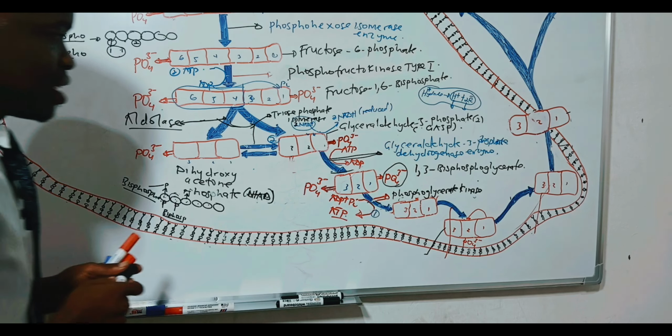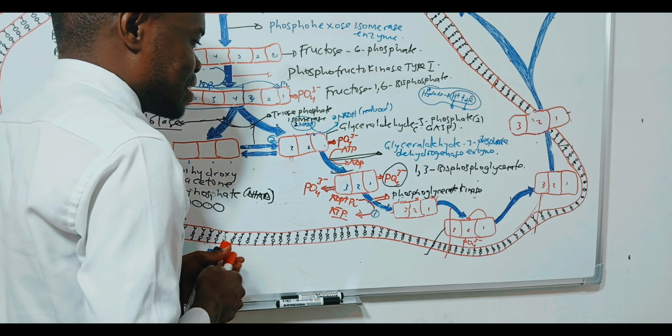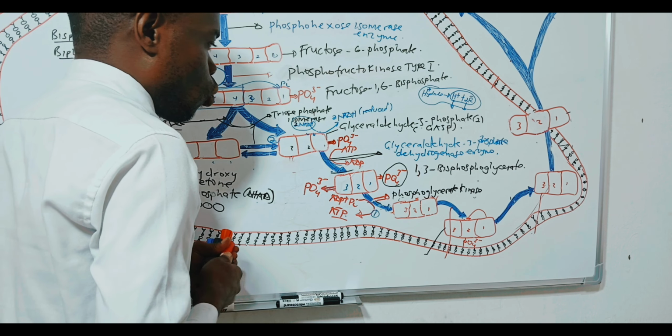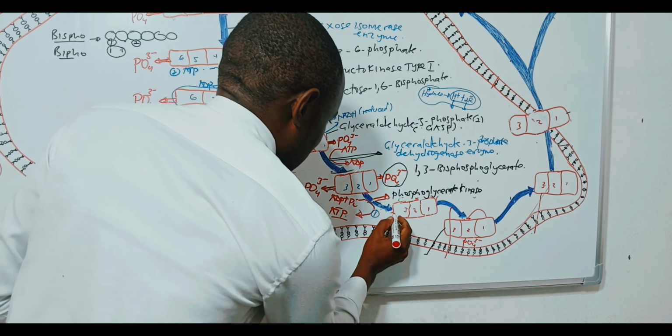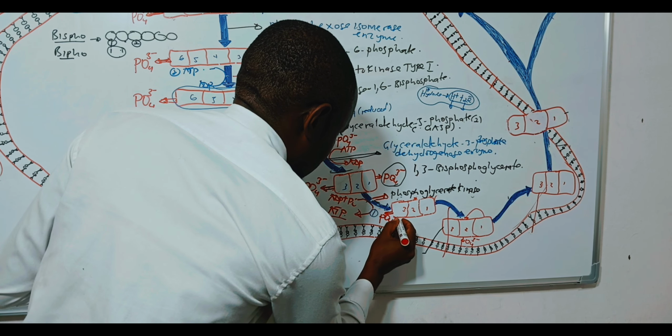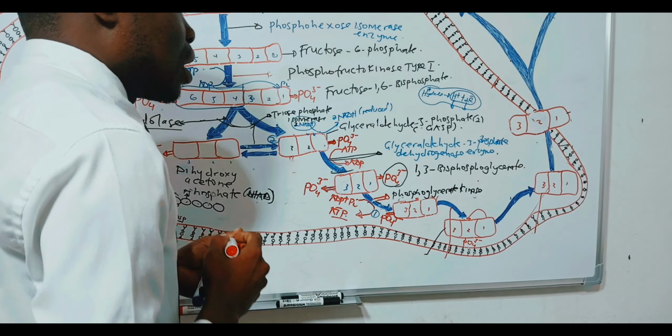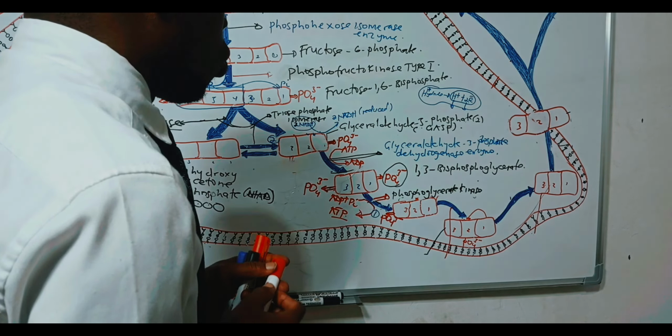Then what are we going to form here? We shall form a molecule which is remaining with only the phosphate on carbon number 3. So we shall have only this phosphate remaining here on carbon number 3. The one on carbon number 1 has gone, and then we are forming this compound here. What's the name of this compound?